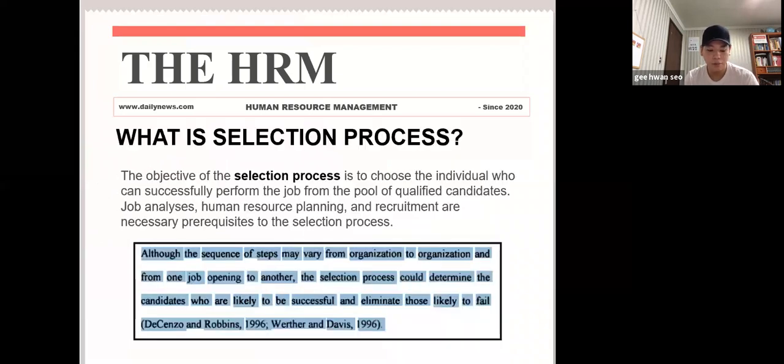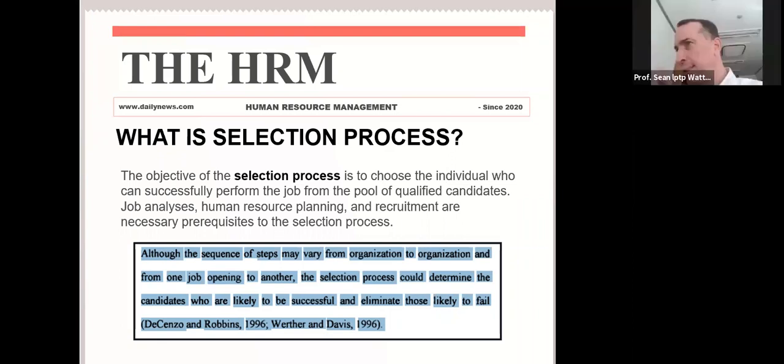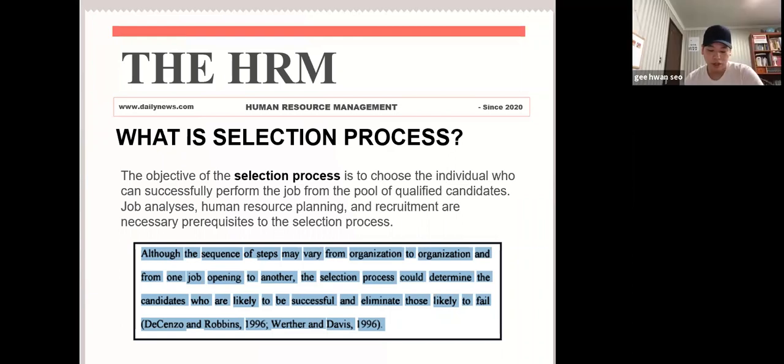Next slide. The objective of the selection process is to choose the individual who can successfully perform the job from the pool of qualified candidates. Job analysis, human resource planning, and recruitment are necessary prerequisites to the selection process.